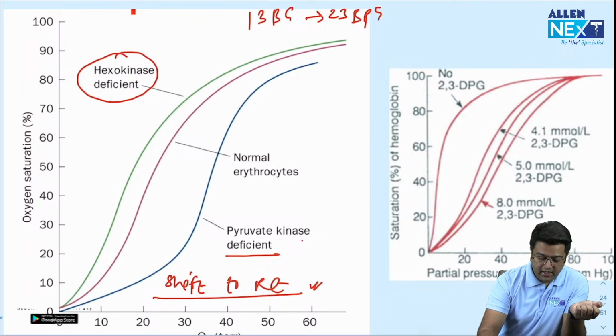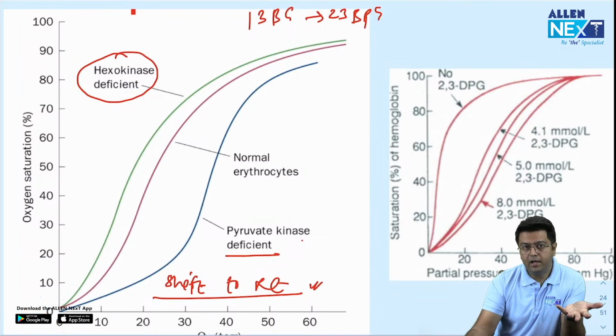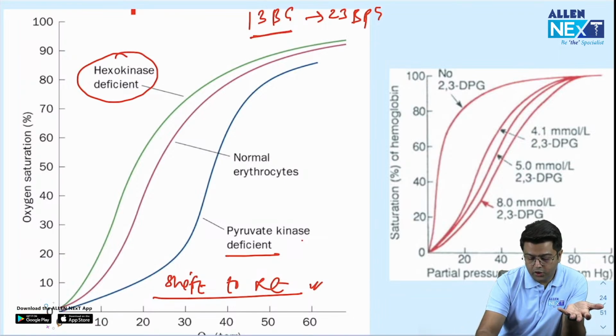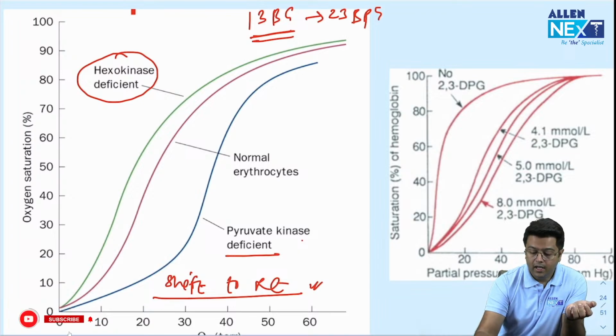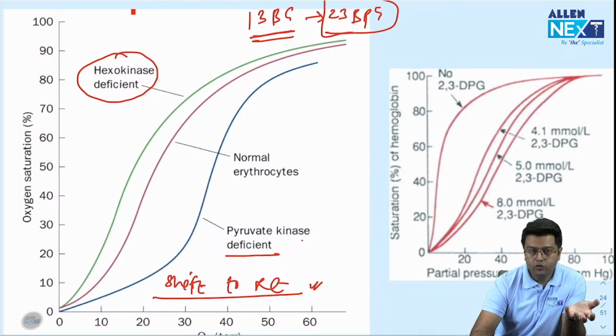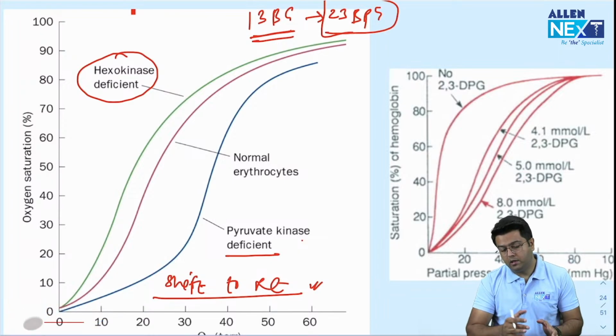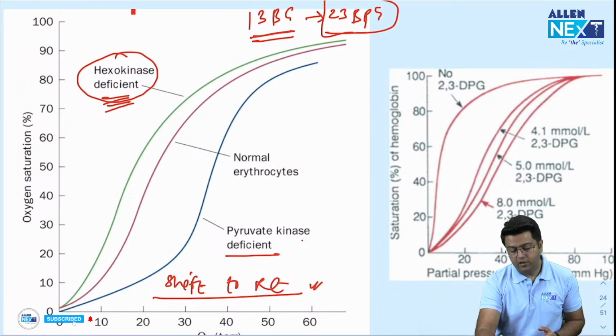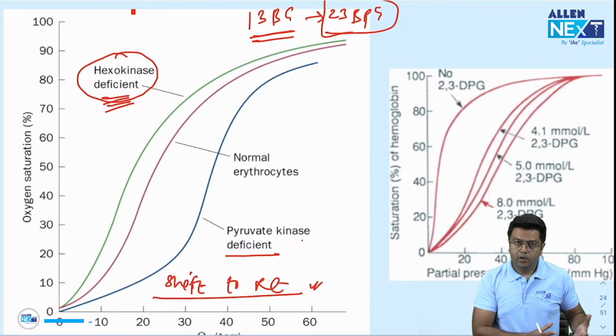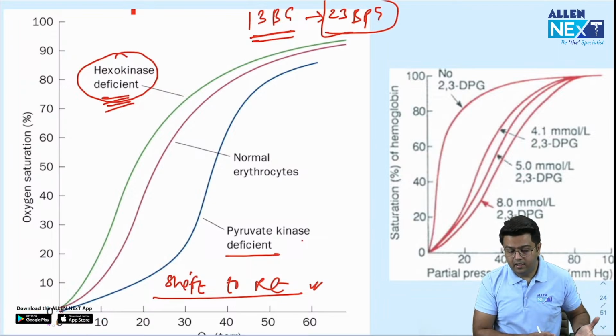In hexokinase deficiency, glycolysis will not start, so 2,3-BPG will not be produced. That's why it will shift to the left, because the production of 2,3-BPG will be very low compared to normal, as glycolysis has not even started properly.